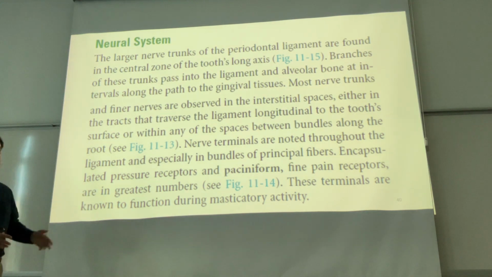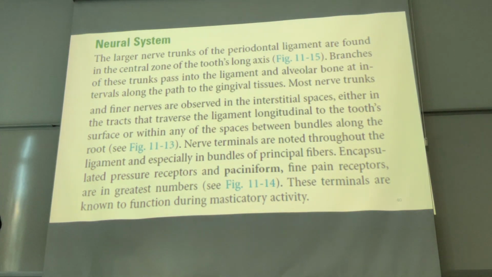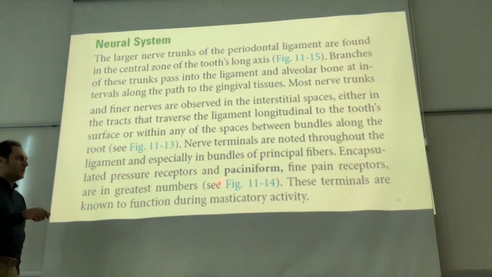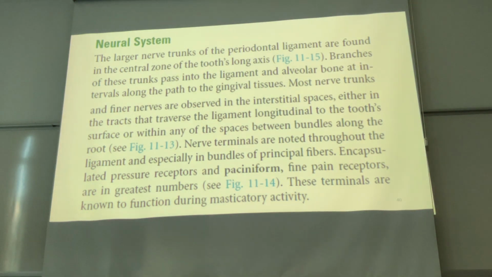In the periodontal ligament, we have free-ending nerves and some special nerves known as the plexiform plexus or plexiform fibers.